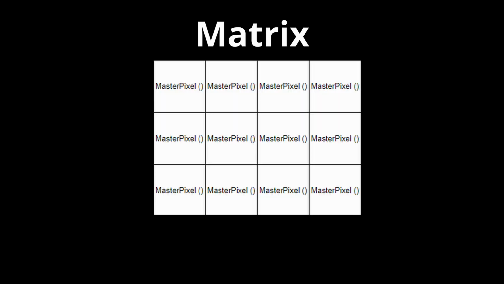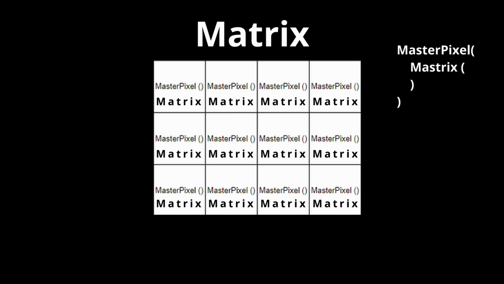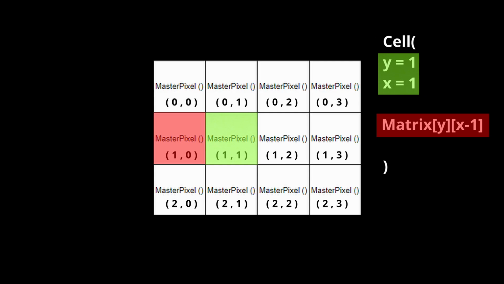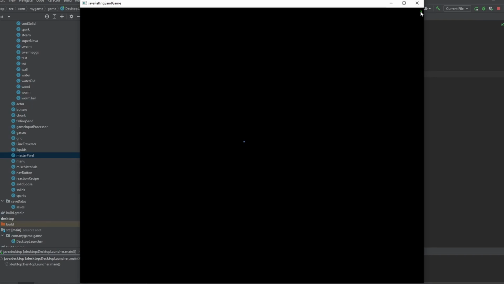We can do this by giving the cell access to the class that has the matrix in it. This means that any individual cell can access all other cells on the screen, and by minusing or adding to the cell's coordinates, it can check the coordinates of the cells next to it. Capital. So this is great and all, but how do we go from this to this?